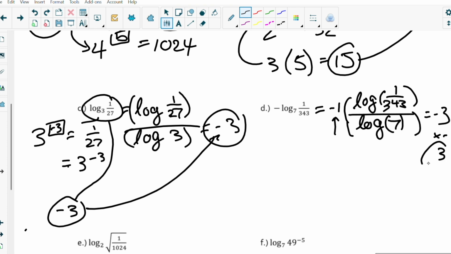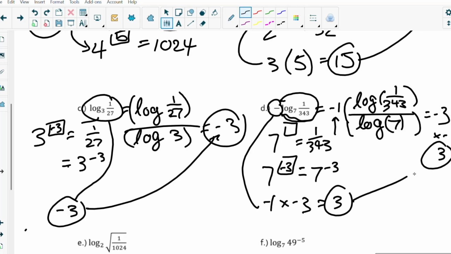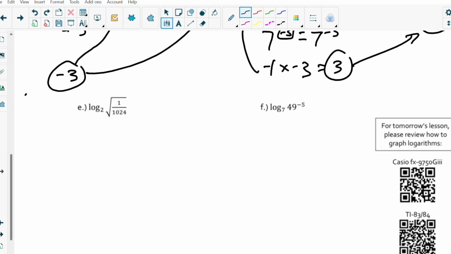And then times negative 1, don't forget about that, that's positive 3. Let me do this off to the side. Just this part, 7 raised to what exponent equals 1 over 343? If you notice, 343 is 7 cubed, so 7 raised to what exponent equals 1 over 7 cubed, or 7 to the negative 3, and that's negative 3. I multiply by negative 1. So log base 7 of 1 over 343 is negative 3, and I have positive 3. Same.